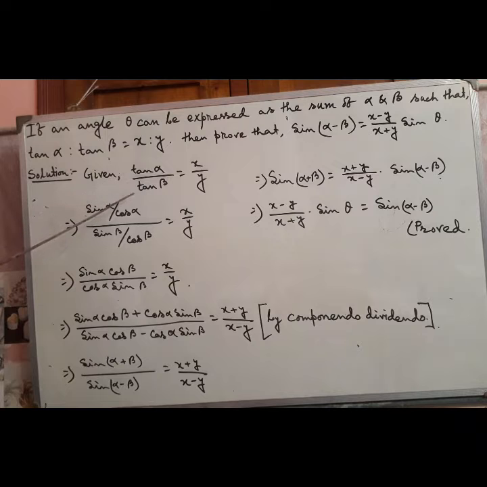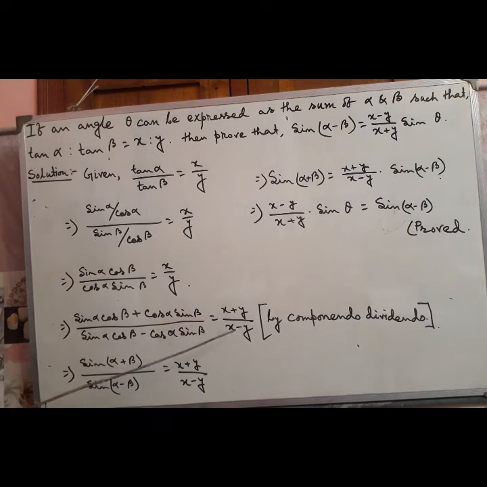Expanding tan alpha and tan beta in the form of sin alpha by cos alpha and sin beta by cos beta, we will get sin alpha cos beta by cos alpha sin beta, that is equal to x by y. Then use on both sides the process componendo dividendo. What is it? Numerator plus denominator by numerator minus denominator. The same process on the right hand side also.